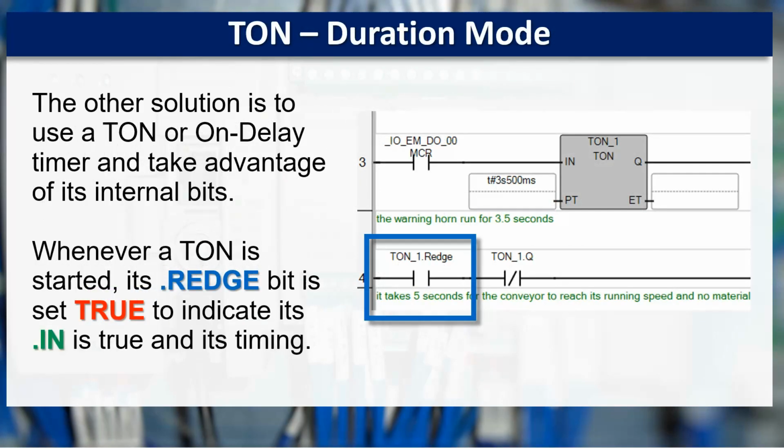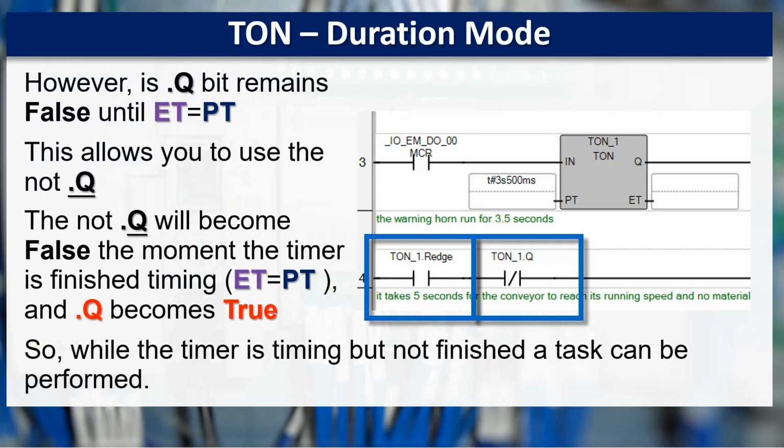The other solution is to use a TON or on-delay timer and take advantage of its internal bits. Whenever a TON is started, its .reg bit is set to true to indicate its .in is true and it's timing. However, its Q bit remains false until ET equals PT.